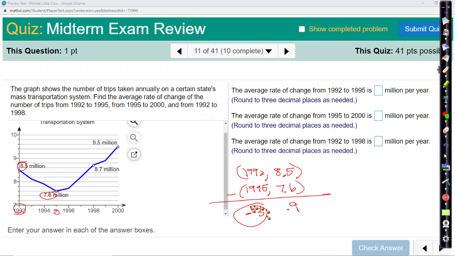And then we take the x and tuck it underneath the y. So 0.9 over negative 3. So good, we got a negative slope. 0.9 divided by 3 should be 0.3. Or is it 0.03? It's 0.3, isn't it? I think it's 0.3.